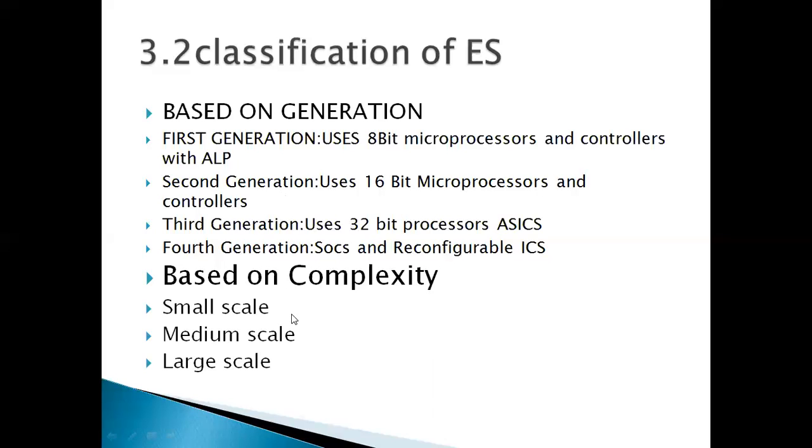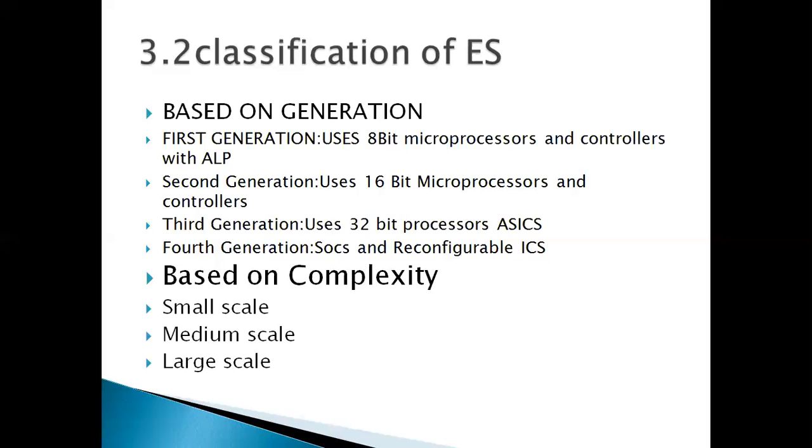Next, based on the complexity: small scale, medium scale, and large scale embedded systems. Small scale embedded systems are usually manufactured with 8-bit microprocessors and assembly level language programming, and they are made only for a particular purpose, like calculators. In medium scale embedded systems, the processor capacity has advanced, and memory capacity is also advanced.